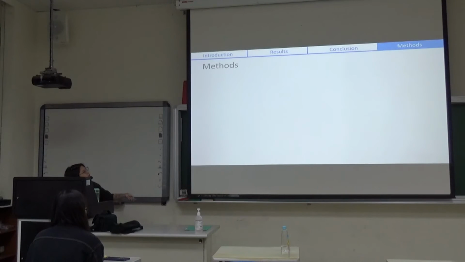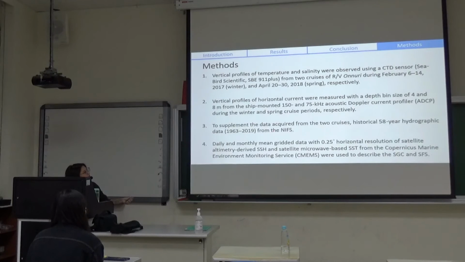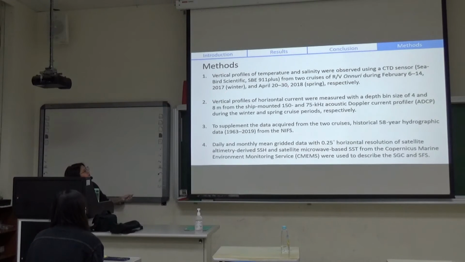And here is our method. All the vertical profiles of temperature and salinity were observed by the CTD in the cruises during 2017 and 2018, and all the vertical profiles of the horizontal current were observed by the ADCP.